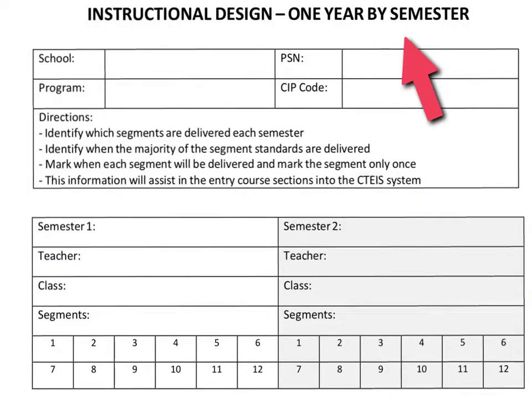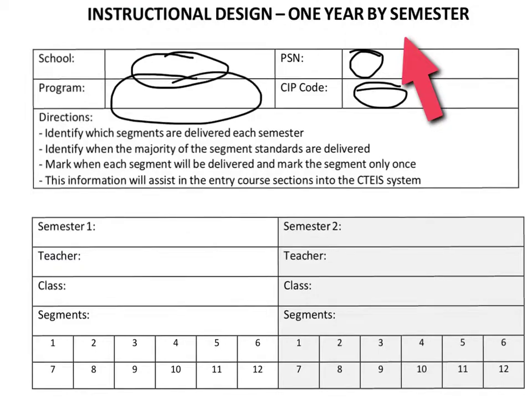An important part of a CTE administrator's life these days is the instructional design form, or as my teachers call it, the segment sheet. I'd like to show you the important parts of this to begin with. You know, of course, that you have to fill it in, so you will be looking at putting your school name in here, your PSN in there, the zip code, and the program name.